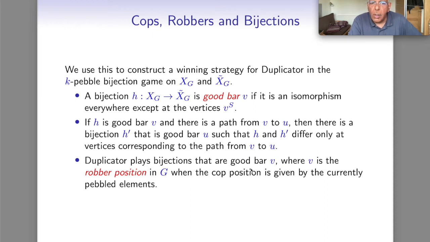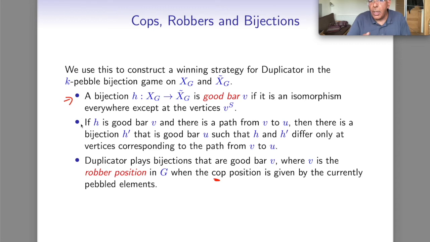So duplicator, as it were, keeps a copy of this cops and robbers game on the side and treats the cop positions as the currently pebbled positions, those vertices of the underlying graph G whose gadgets have a pebble on them in the current position of the bijection game.